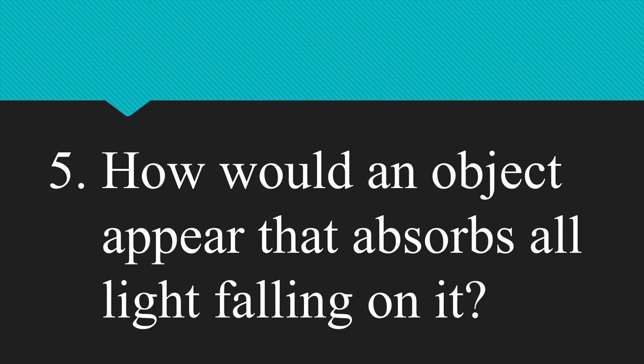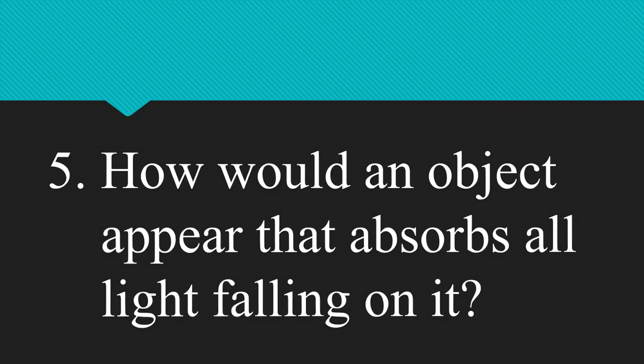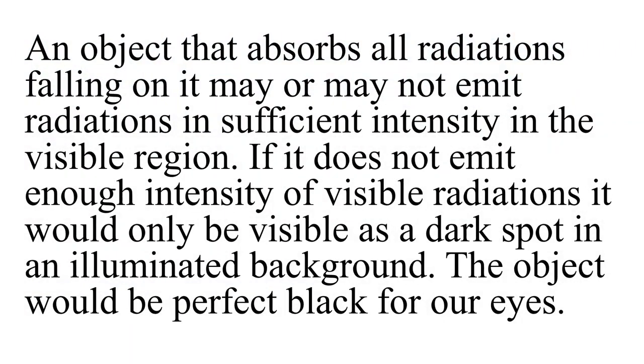Question number 5. How would an object appear that absorbs all light falling on it? An object that absorbs all radiations falling on it may or may not emit radiations in sufficient intensity in the visible region.